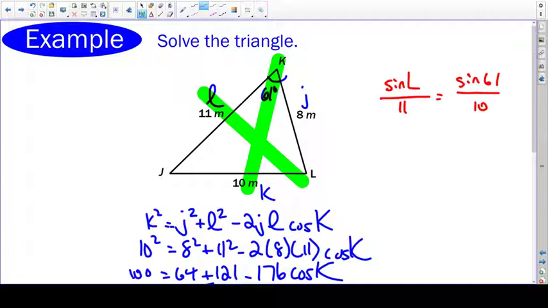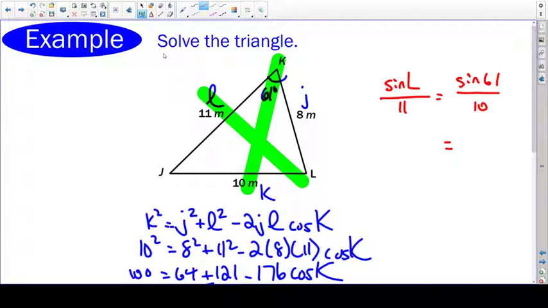Now, so how are we going to do this? Well, here's what I would do. I would take this and figure out what the sine of 61 is and divide it by 10.